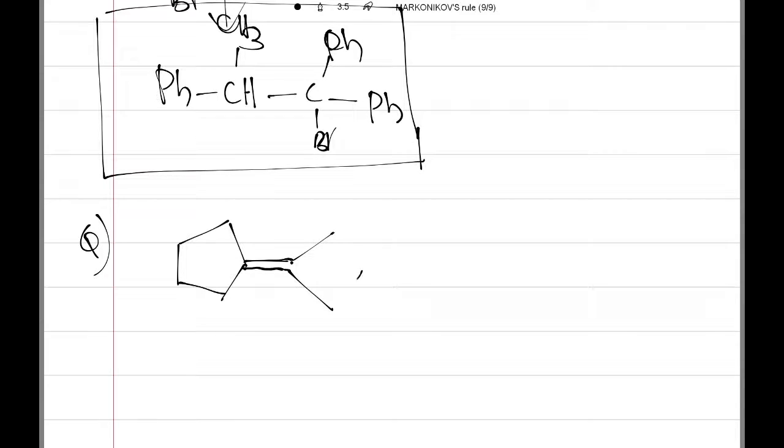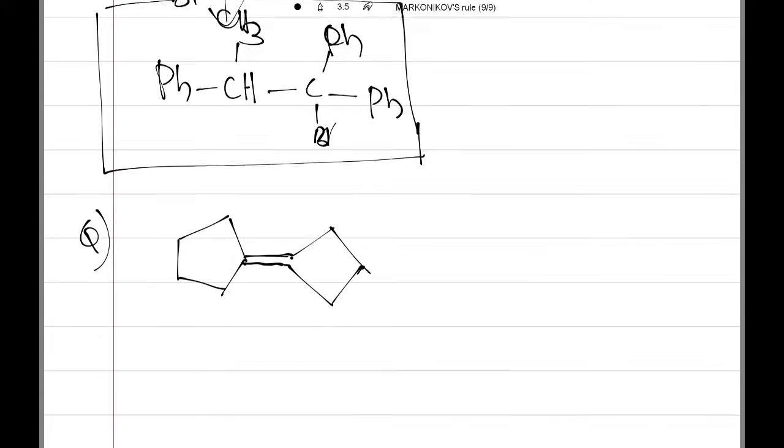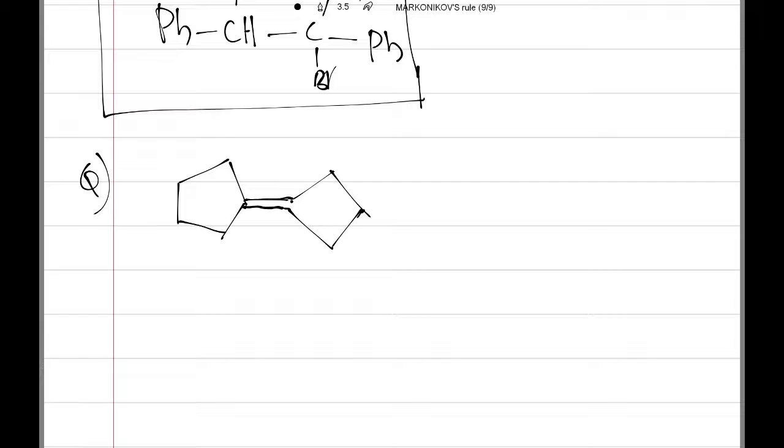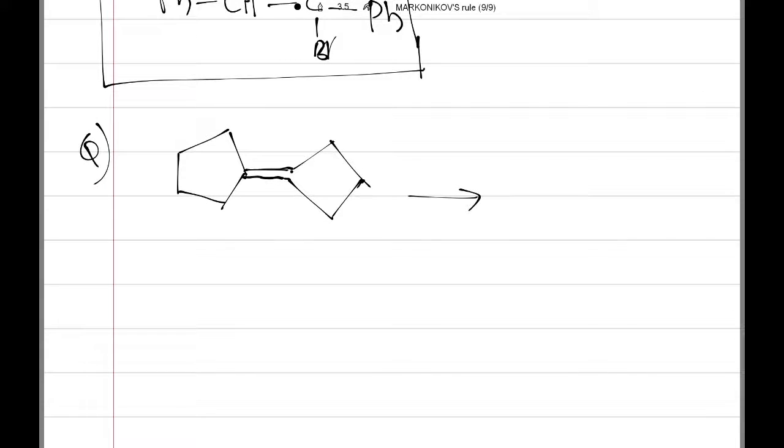This is what I have here. What is the product of the reaction if I react this with HBr? We can write here: H plus is attached to this one.